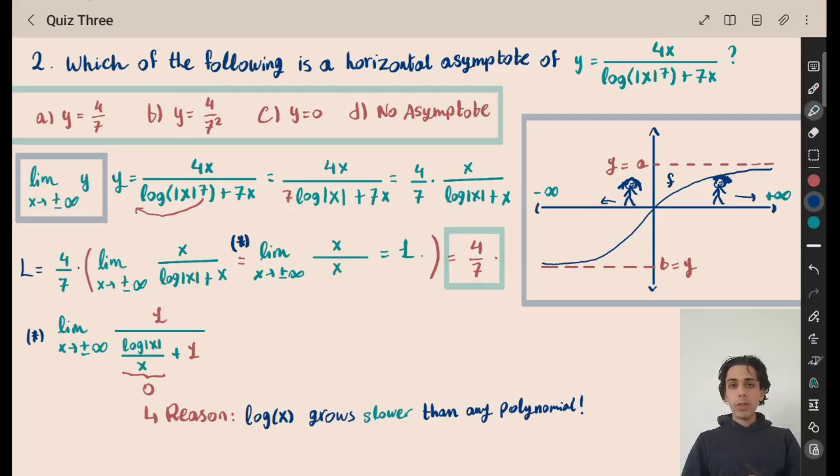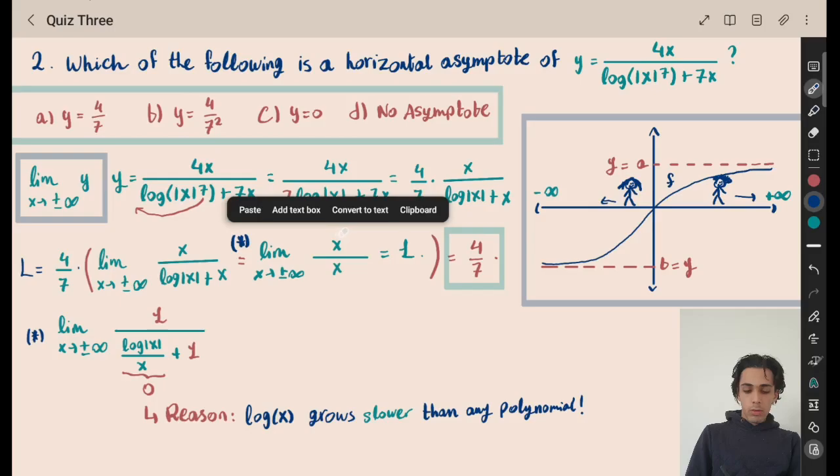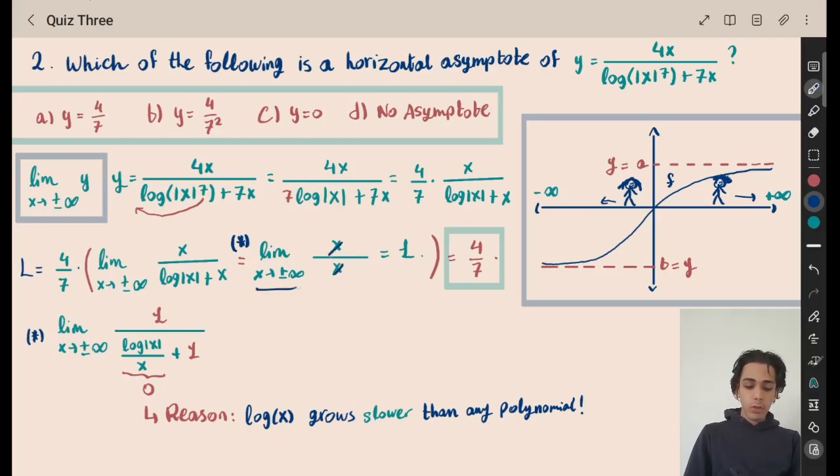Now for plus or minus infinity, it doesn't really make a big difference, because you just divide x by x and you get 1. So no matter what x is, you just get 1. And then it's 1 times this constant, and then it is 4/7. So we don't have to worry about the sign that much. Sometimes we have to do them separately, but here luckily we do not.